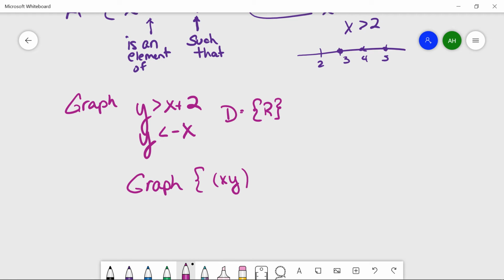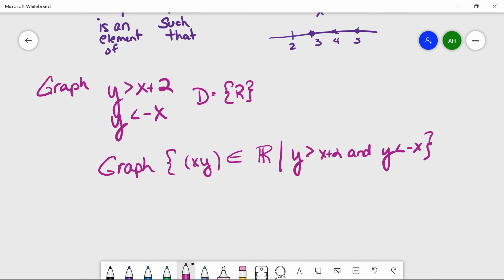Graph the set whose members are ordered pairs of x and y, where x and y are real numbers such that y is greater than x plus 2 and y is less than negative x.